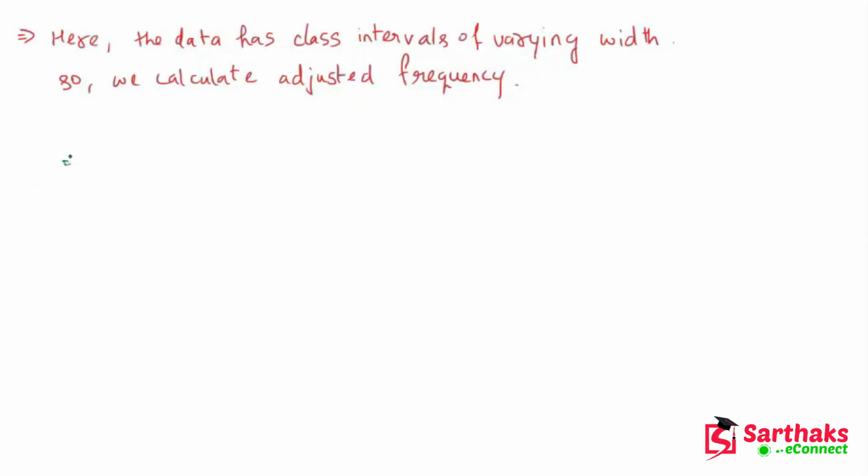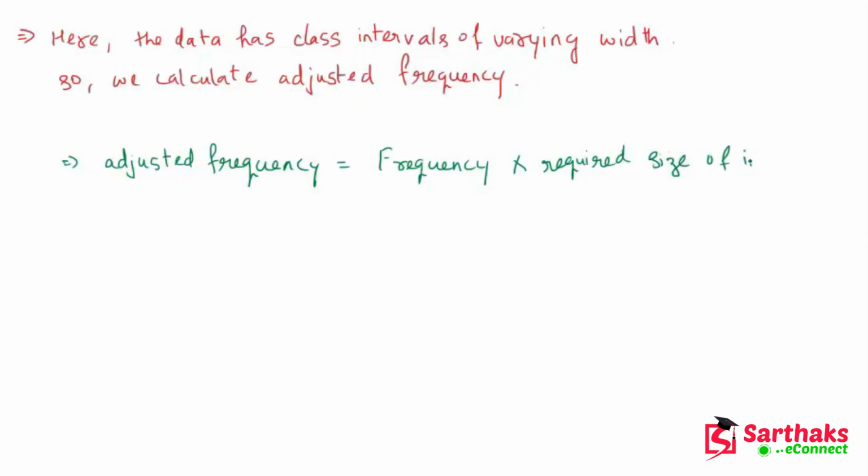There is a formula: adjusted frequency equals the corresponding frequency into the required size of interval, meaning the minimum size of interval or the least class width, divided by the current size of interval, or the current width of interval.